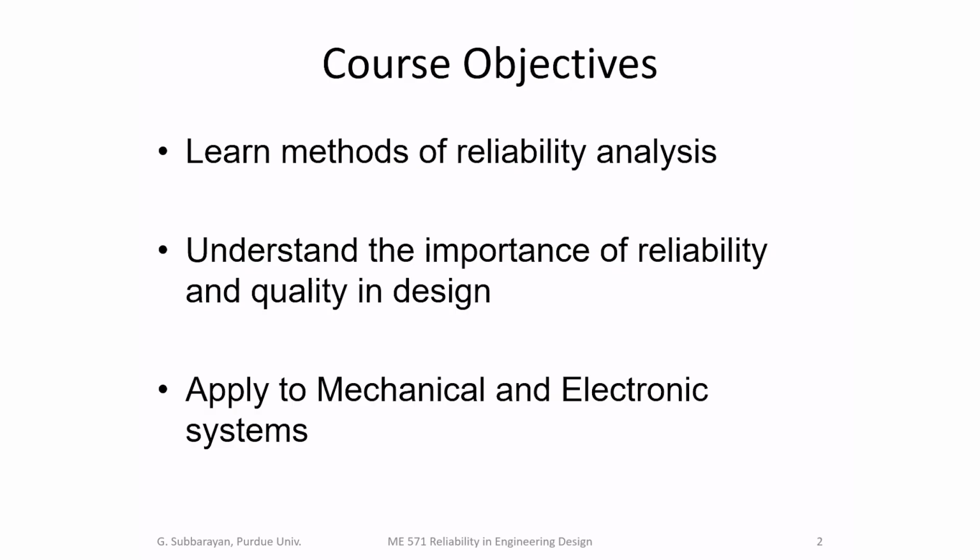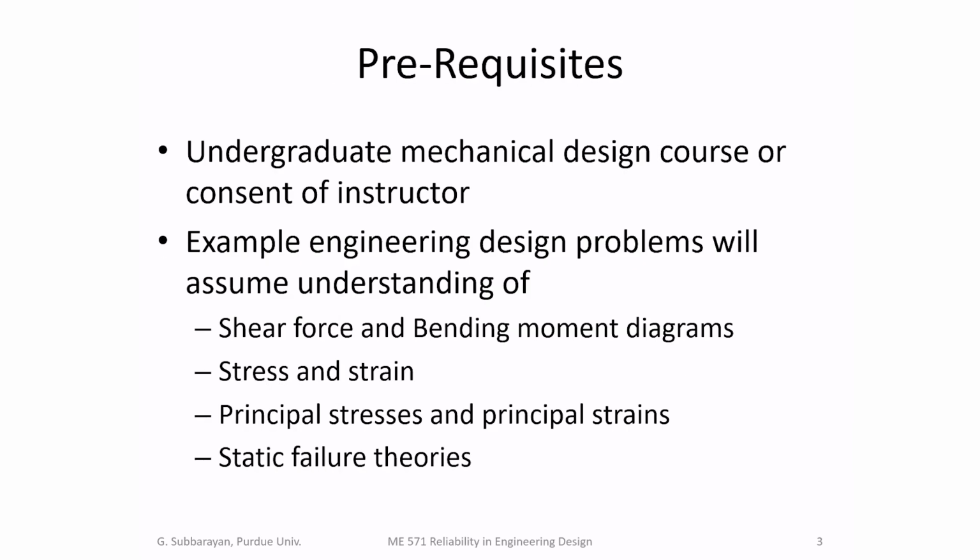In other words, how to influence the reliability of your product during the design phase, and learn to apply to design of mechanical and electronic systems, to a lesser extent design, but more to understand reliability of electronic systems. What are the common modes of failure and how design might influence the occurrence of those failures. So those are broadly the course objectives.